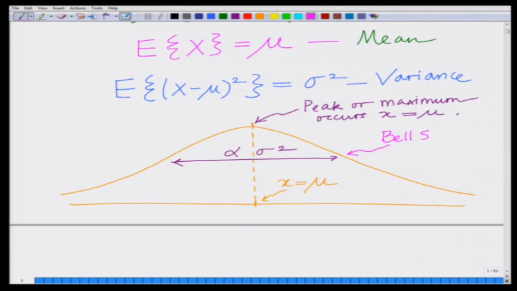The Gaussian probability density function is also known as the bell shaped curve, whose center is at the mean mu. The larger the sigma square, the larger the width. If the variance is very small, then the Gaussian probability density function is much more peaky, that is, its width is much smaller.